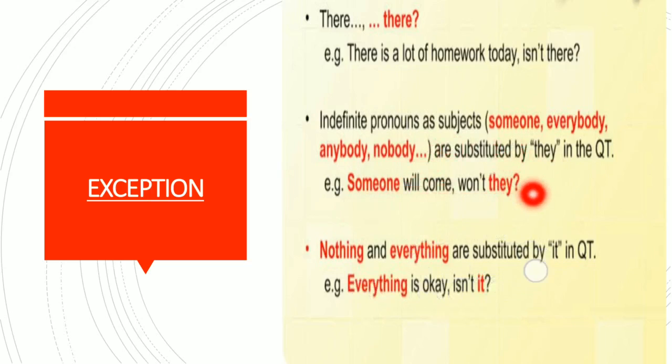So in this manner, there are certain exceptions relating to there and relating to indefinite pronouns. Whenever indefinite pronouns are used as subjects, the tag is written in the form of they.